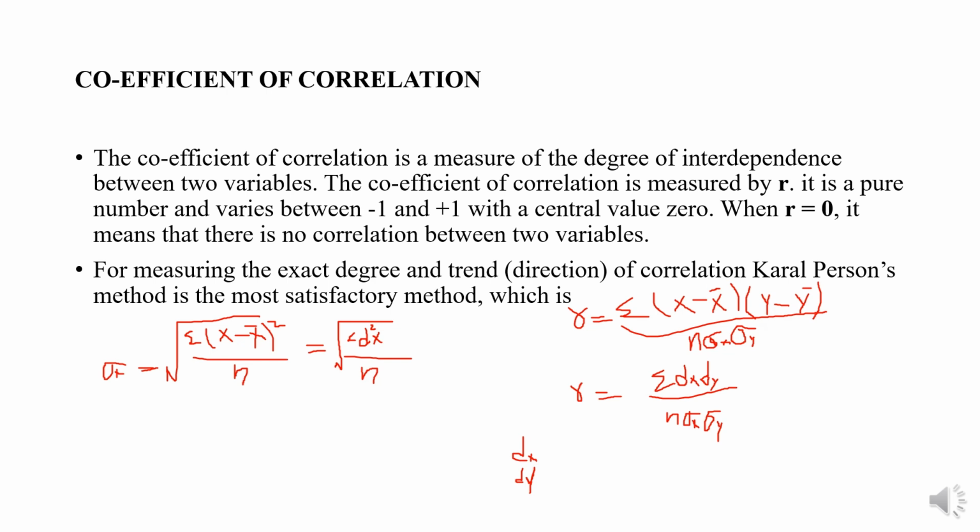Similarly, sigma y is the square root of summation of (y minus y bar) whole square divided by n, or we can say the square root of summation d square y, not x, sorry, divided by n.